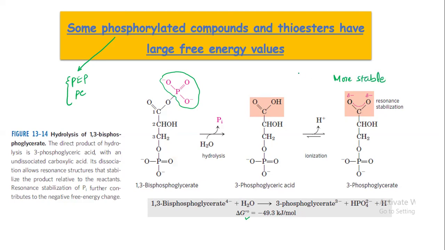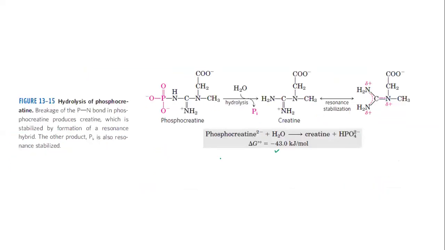So we can say that the free energy of hydrolysis of 1,3-bisphosphoglycerate is greater because after hydrolysis, its products are more stable than its own structure. So this resonance contributes to a large free energy change.